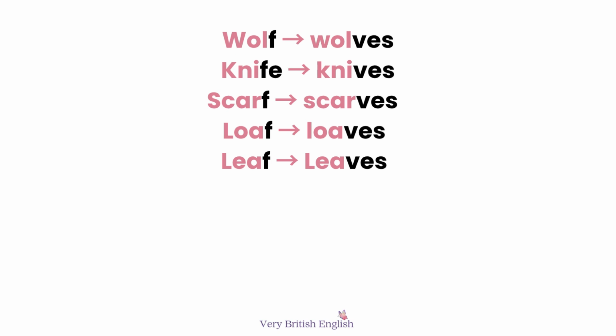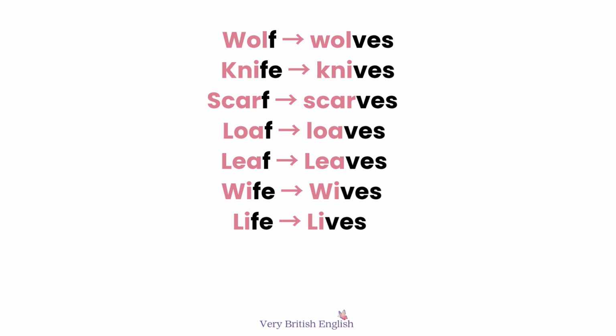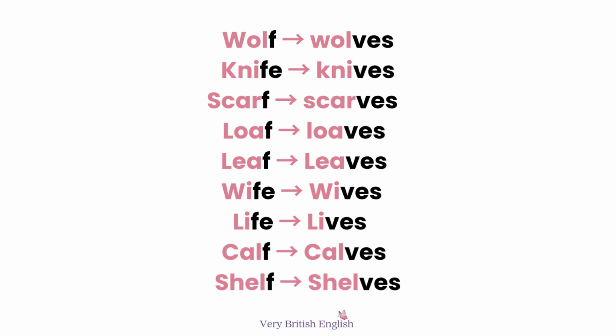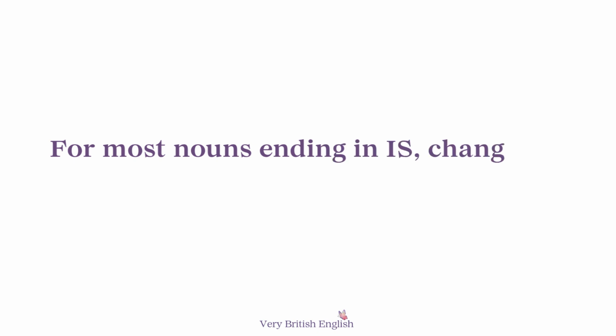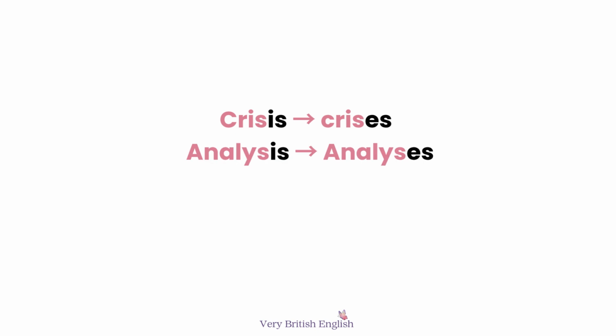Leaf, leaves. Wife, wives. Life, lives. Calf, calves. Shelf, shelves. And for most nouns ending in is, we change the is to es, such as crisis, crises.